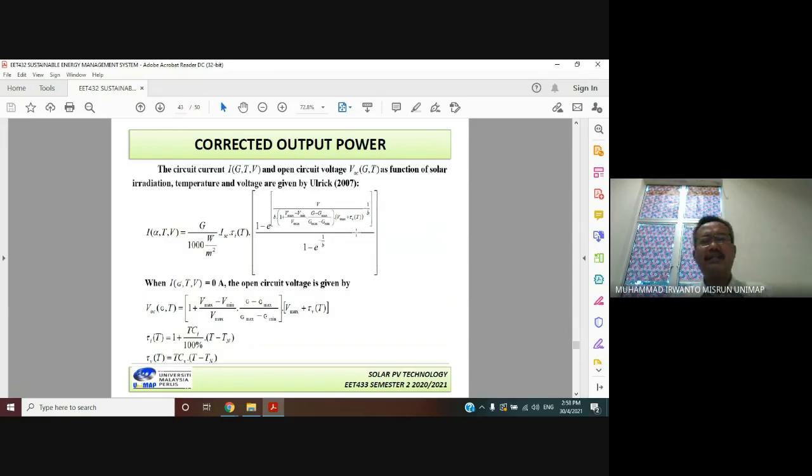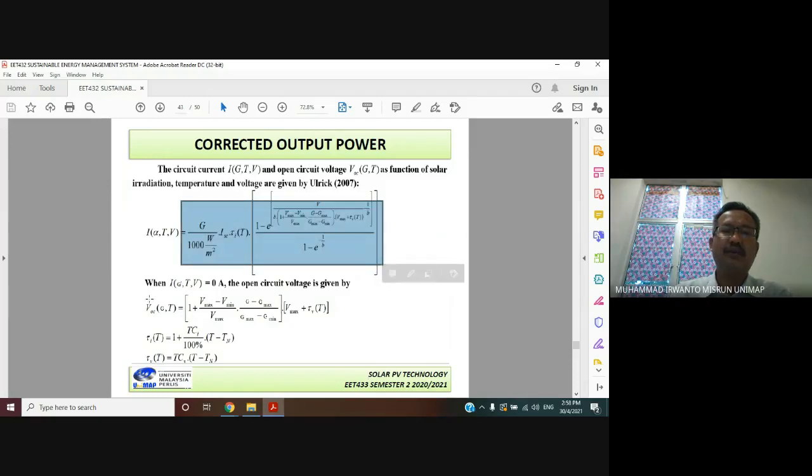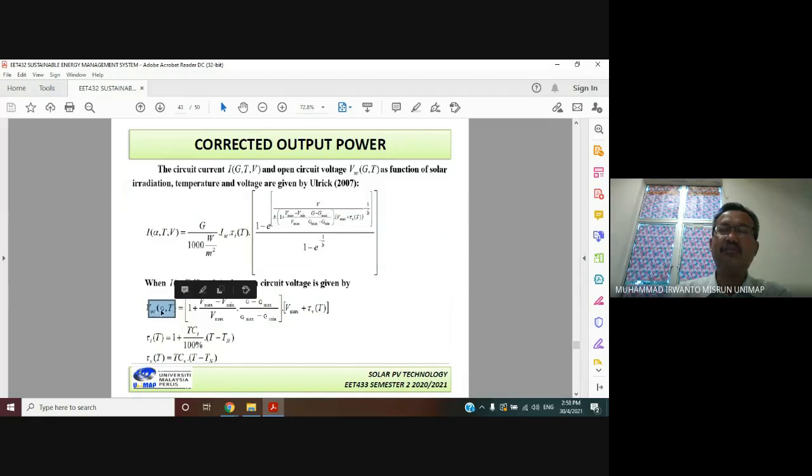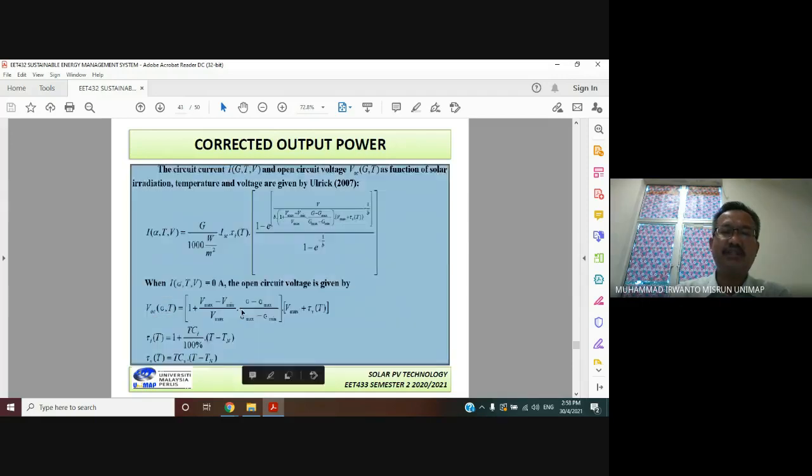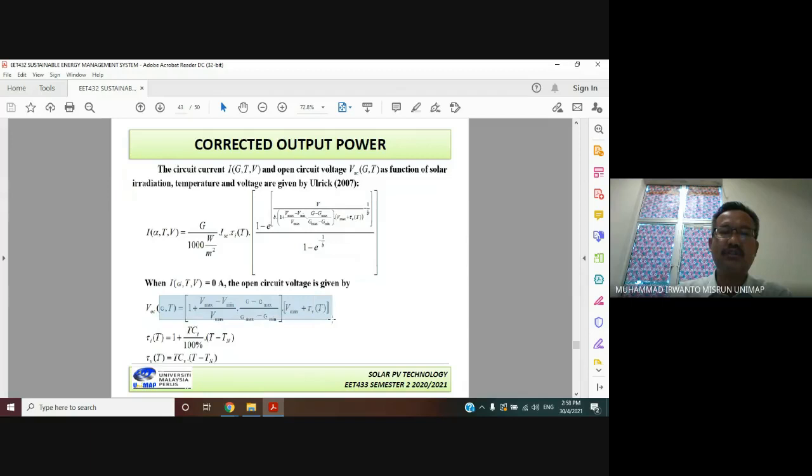Okay, and then the other formulation is more complex. We can use this one. It is current as a function of solar irradiance G, T is temperature, and V is voltage. So current as a function of solar irradiance, temperature and voltage is given by this formulation. And then the open circuit voltage as a function of solar irradiance and temperature is given by this formulation.